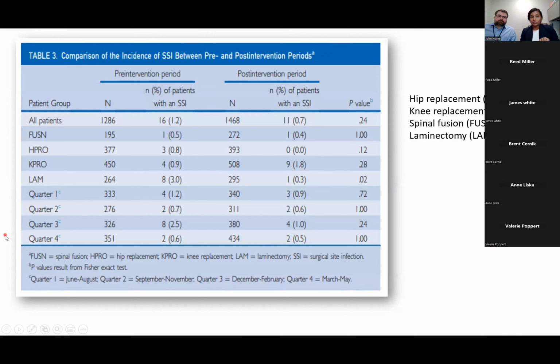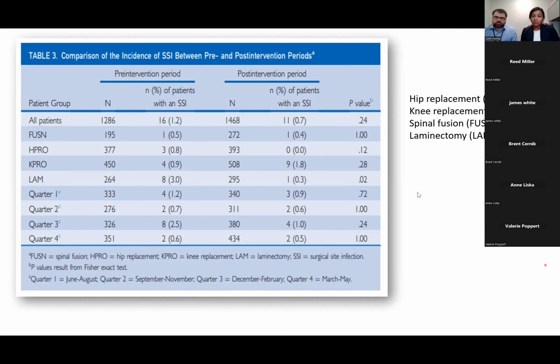They looked at obtaining urine culture and not obtaining urine culture for hip replacement, knee replacement, spinal fusion, and lumpectomies. And they looked at whether getting urine culture and treating reduced surgical site infections. Pre and post intervention, there was no real difference in any type of surgical site infection going up or down. There was no difference by treating the urine.